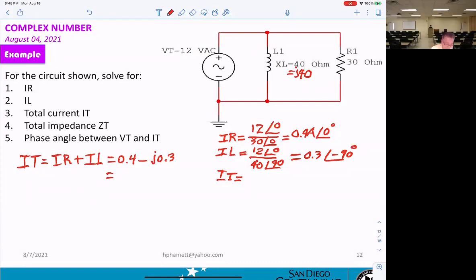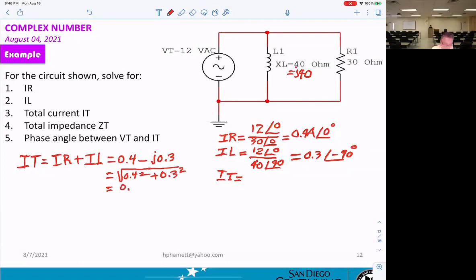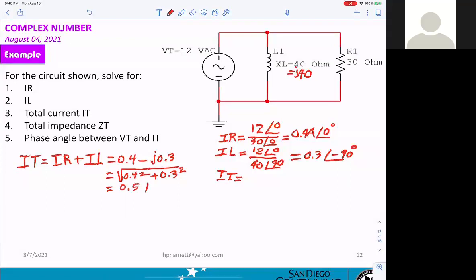If you want to get to the polar, then you have to take the square root of 0.4 squared plus 0.3 squared, right? That equals 0.5.